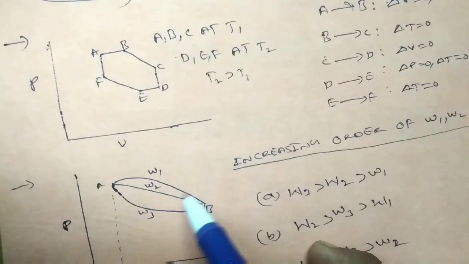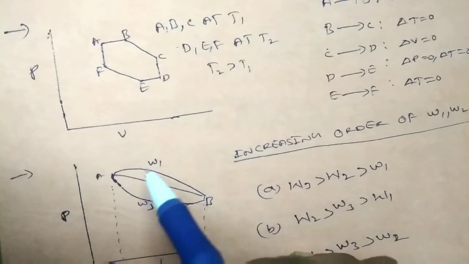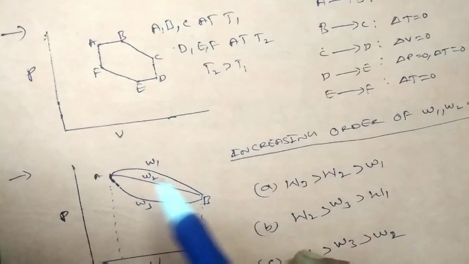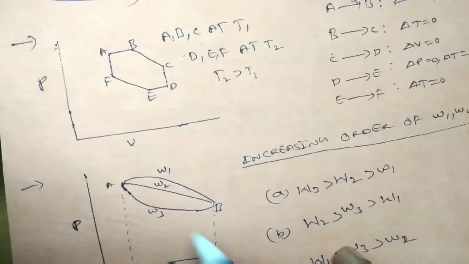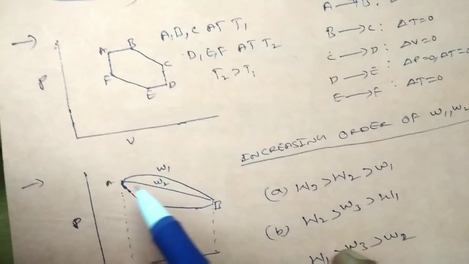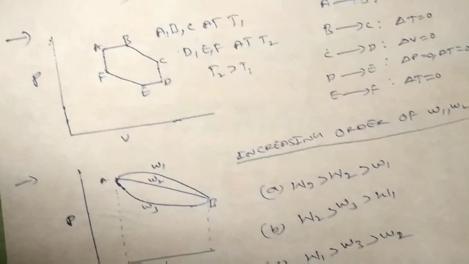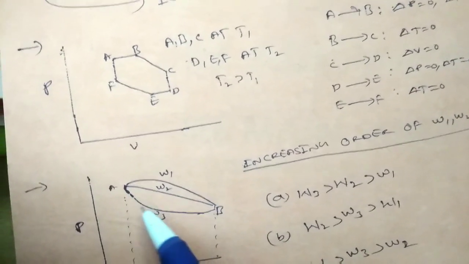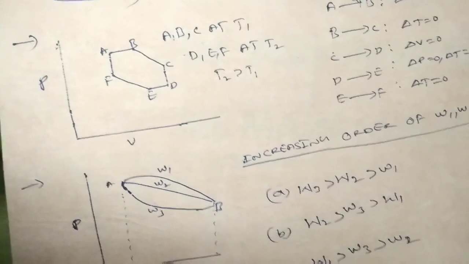When you go above, that curve will have more area as compared to this curve and this curve, and this one will have very less area.